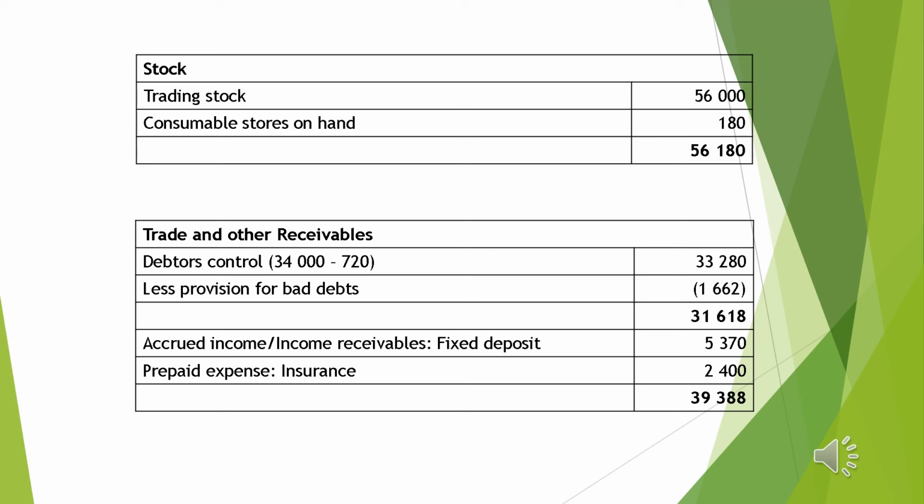Therefore, we group these things that we bought during the year but are on hand, and call them consumable stores on hand. Remember, whenever we are preparing financial statements, there is this GAAP concept that we cannot run away from, which is materiality.